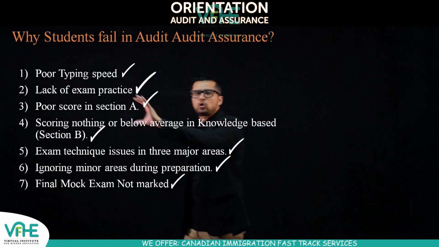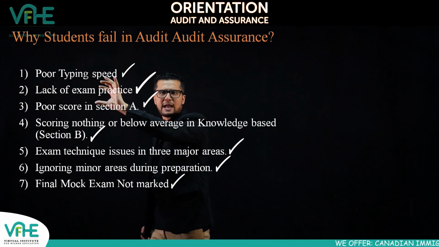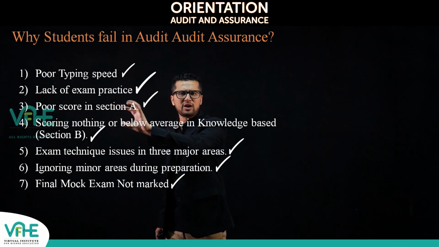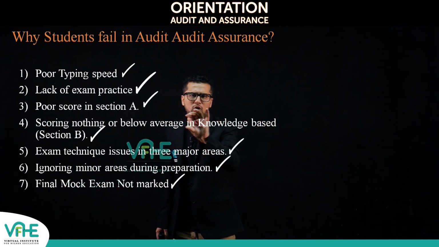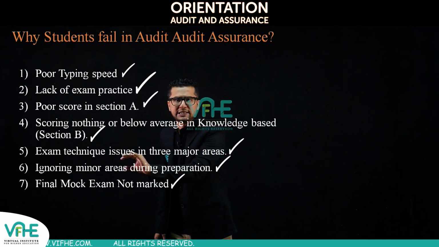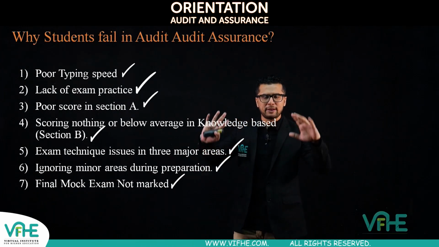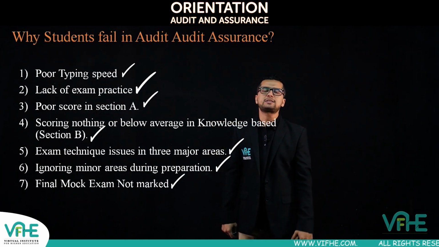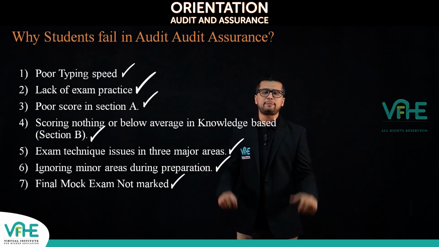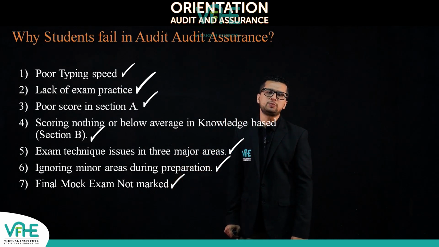If a student has got good enough typing speed and had a fair share of exam practice, scored reasonable marks, practiced the section A questions throughout the session, worked on the knowledge base, had a fair technique with respect to major areas, and did not ignore the minor areas during the preparation, that seems like a very reasonable, fair, I would say an ideal student. Still there is a possibility, and I am saying it unfortunately, that the student might not pass. Still, there is a huge possibility of failure.